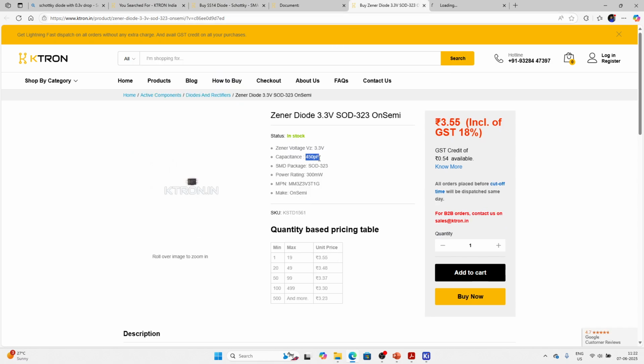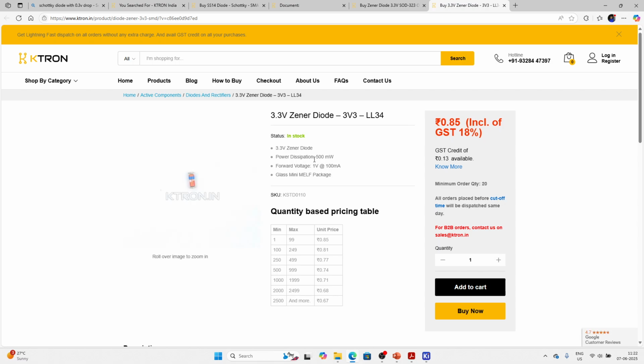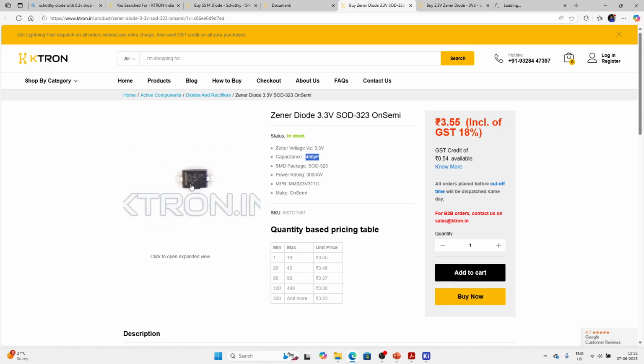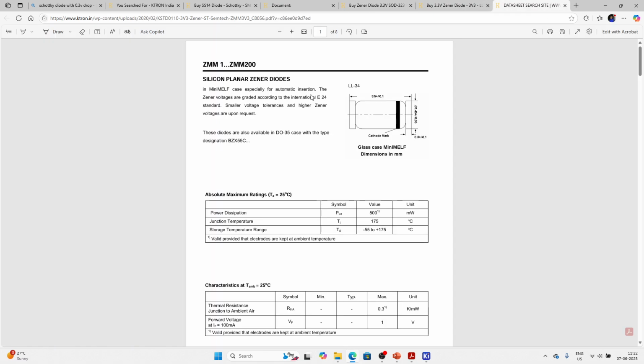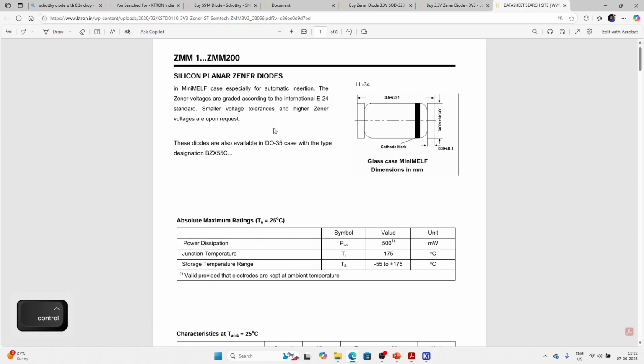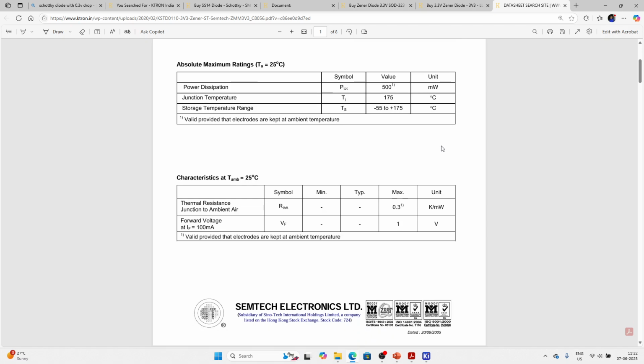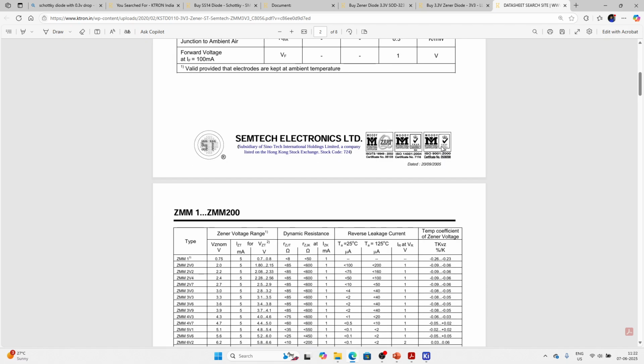This one comes with 450 picofarad capacitance. This one doesn't mention any stray capacitance. The power rating of this one is 300 milliwatt, and this one is again 500 milliwatt. I would go with this because it has a higher power rating, so it might be able to handle much more current.